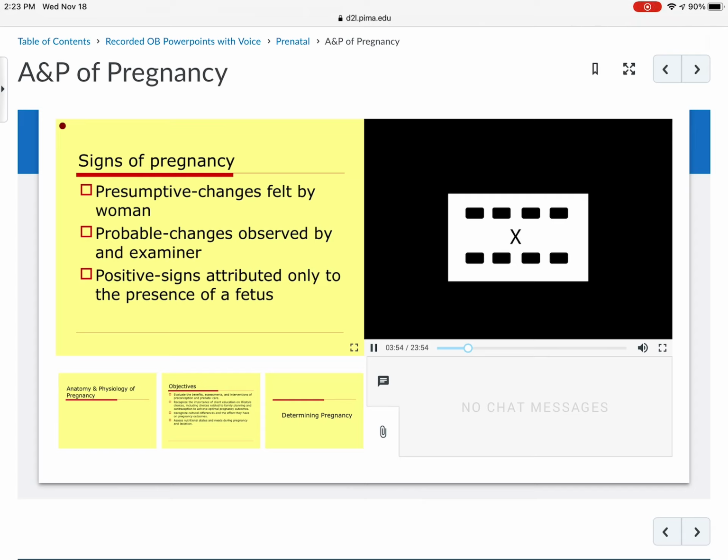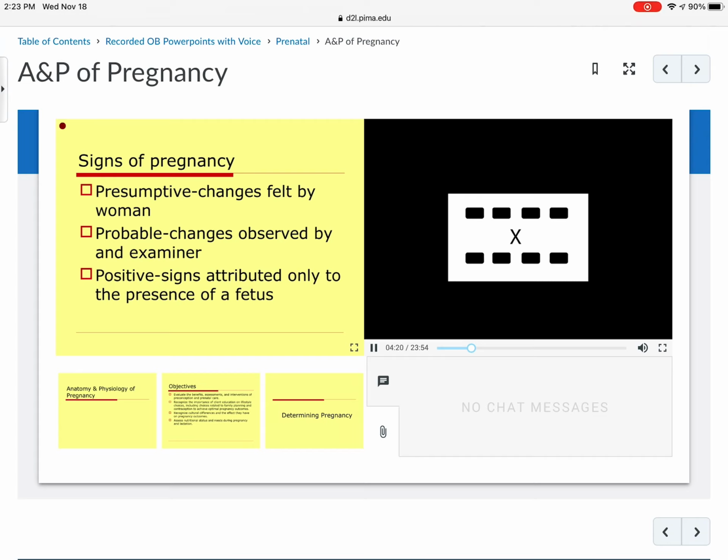Interesting enough, we could do a pregnancy test, but most women think they're pregnant or have clues that they're pregnant before they even take one. These are presumptive signs, changes felt by women. A lot of women will say, I think I'm pregnant. If I ask them why, they'll say, well, I feel a little nauseous. I feel a little tired, fatigued.